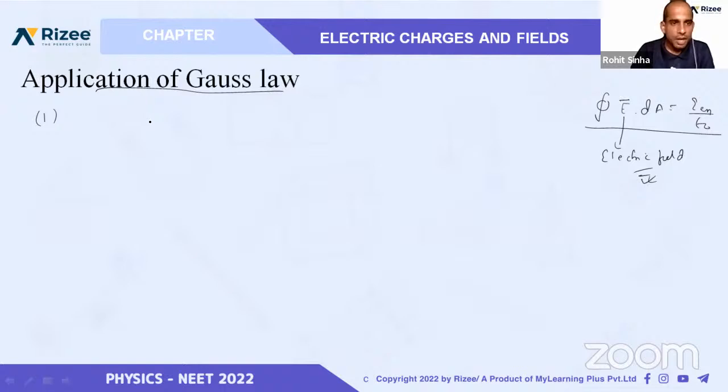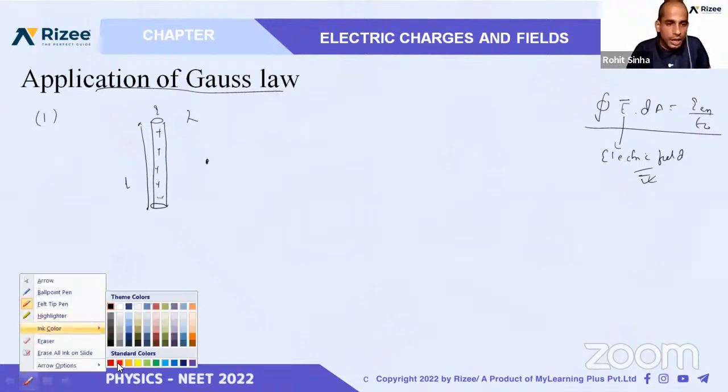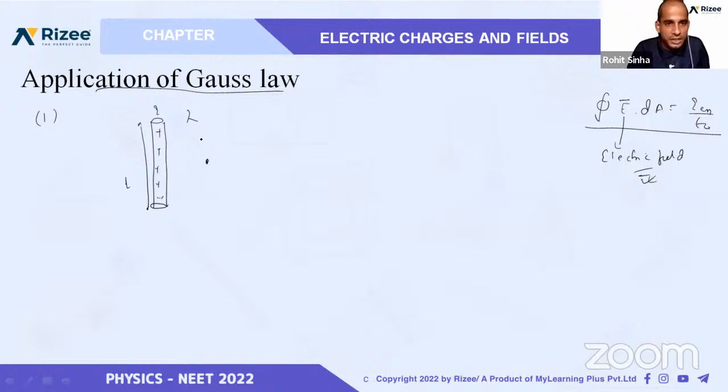Now, the first example which we are taking is, suppose we have a line charge like this. It is having linear charge density lambda, length is L, and charge is Q here. If we want to find the electric field at any point here, remember the Gauss theorem: Gauss told that to find the electric field at this point, draw any shape which is easier for you for calculation.